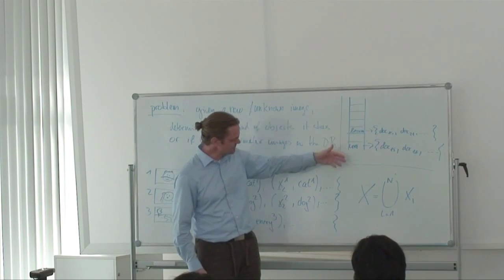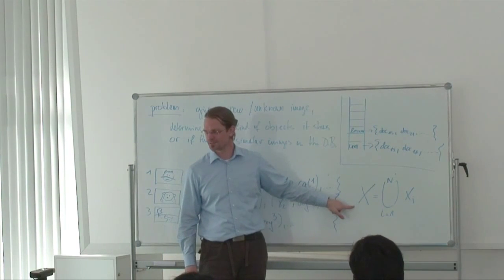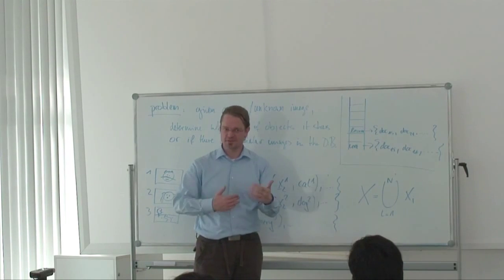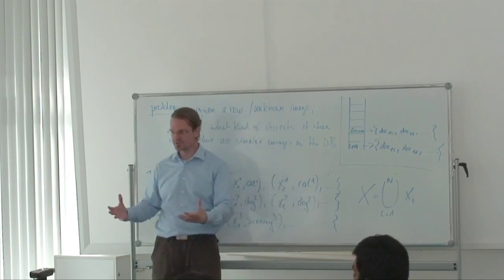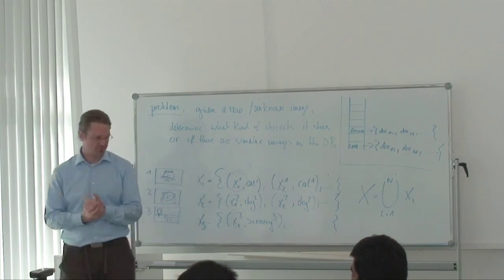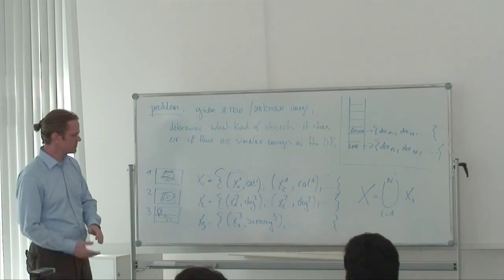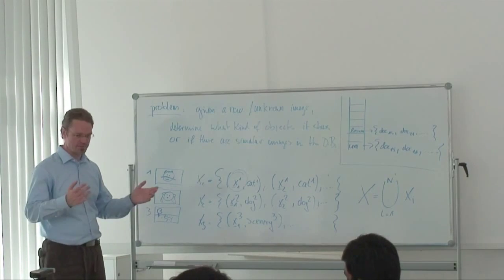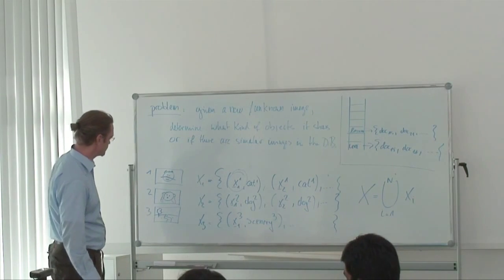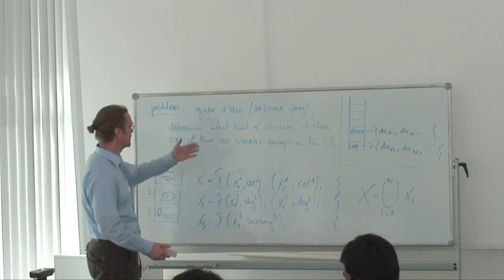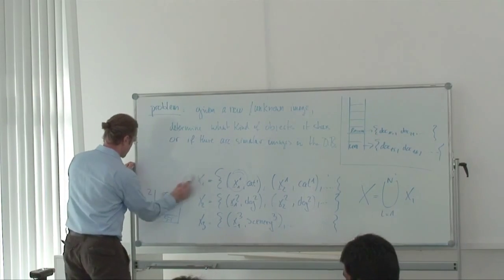That is just because I wanted to motivate why these things are called bags of words. It has nothing to do with words, but because of the analogy to text retrieval, they are called bags of words. So we are given a huge labeled bag of words, and we want to use that for image retrieval or object recognition.